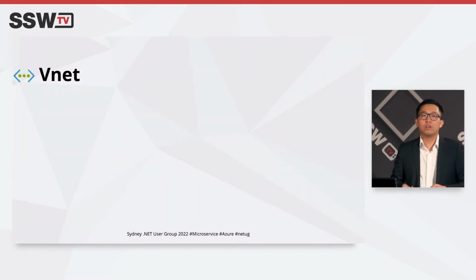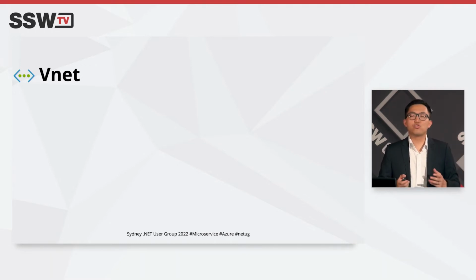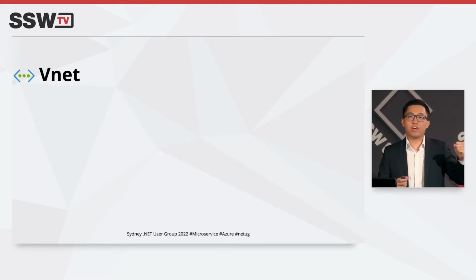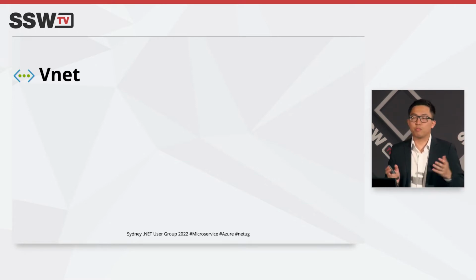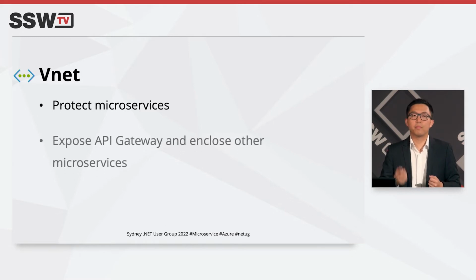All right, so VNet. We don't have to have a VNet, but I usually like to place some sort of protection around my microservices so that we not only have a single point of entry, but external visitors cannot easily break into my house from the side window. It protects my microservices, of course.